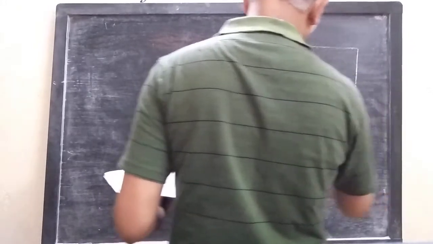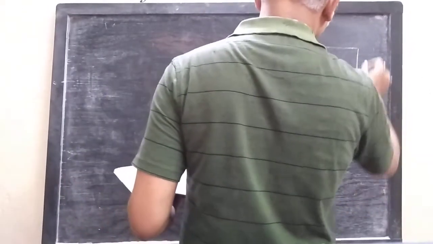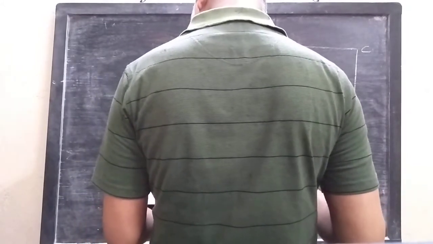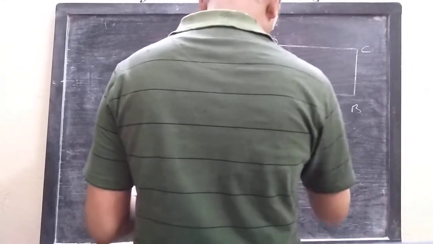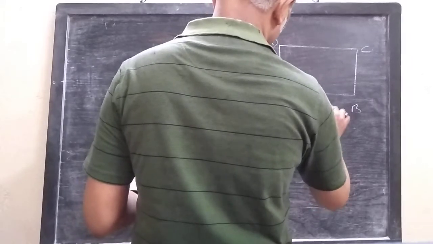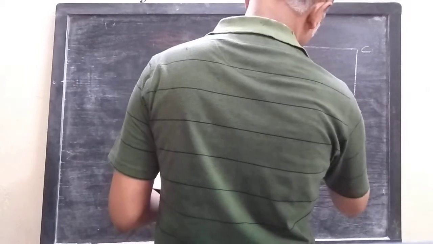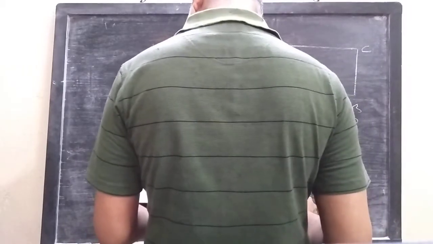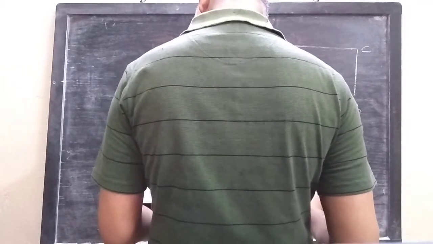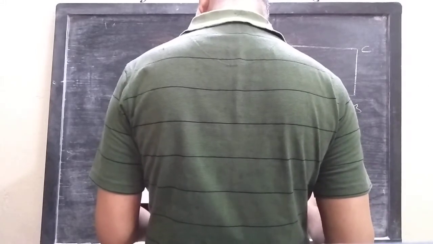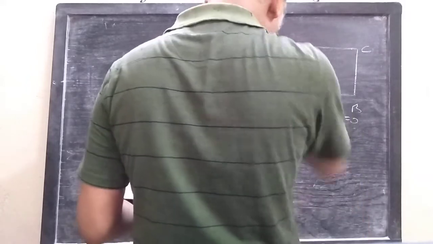This is our rectangle ABCD. Equation of a side of a rectangle is 4x plus 7y plus 5 equals 0. And the two vertices are (minus 3, 1) and (1, 1).